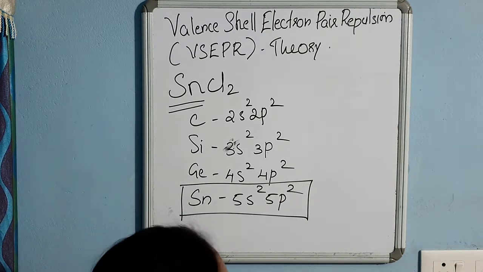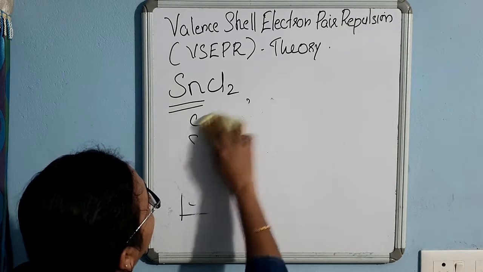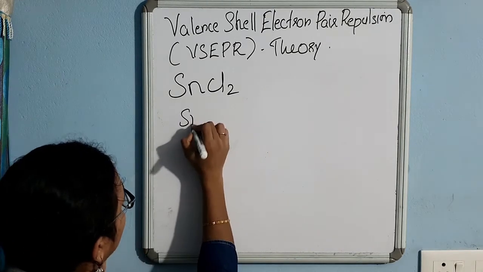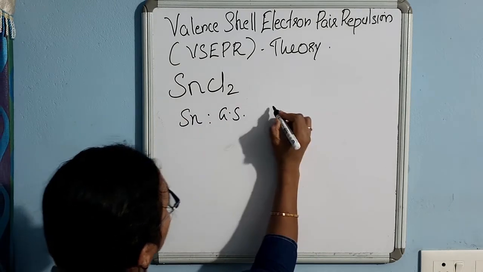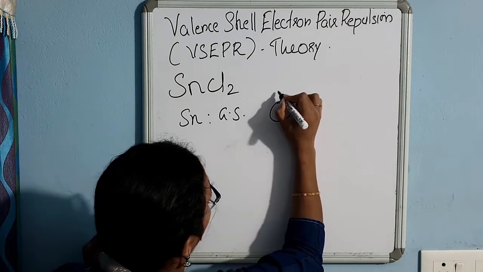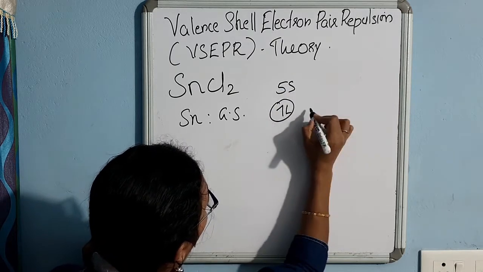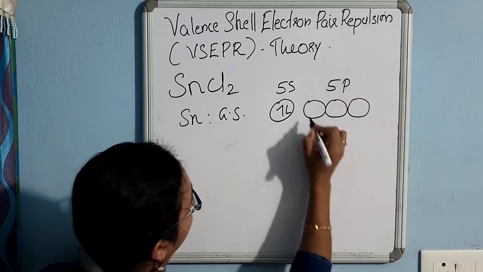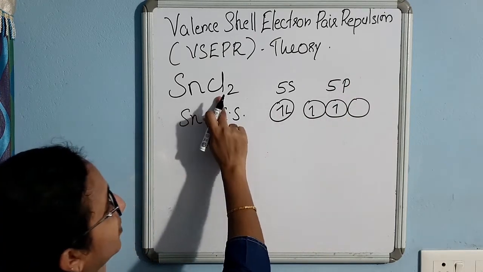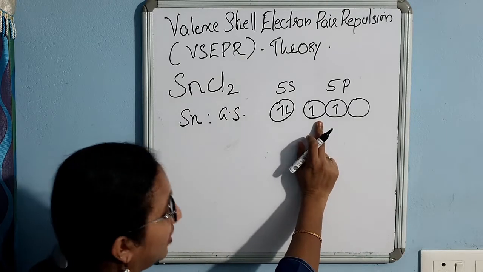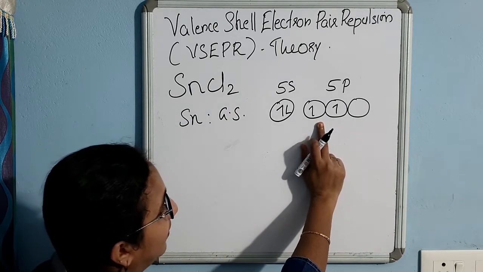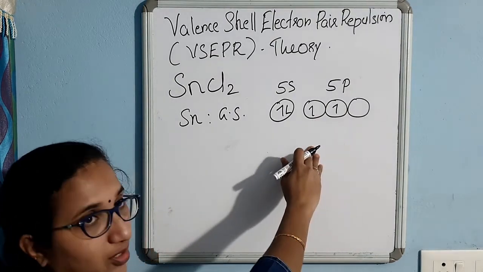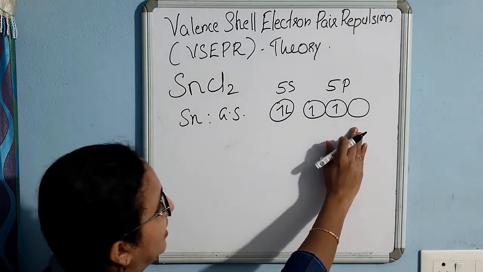So we can see what the hybridization is first. For the central element tin, the ground state configuration is 5s2 5p2. And in order to combine with two chlorine atoms, the tin atom should make available two half-filled atomic orbitals, but here there are already two half-filled orbitals, so there is no need for any excitation.